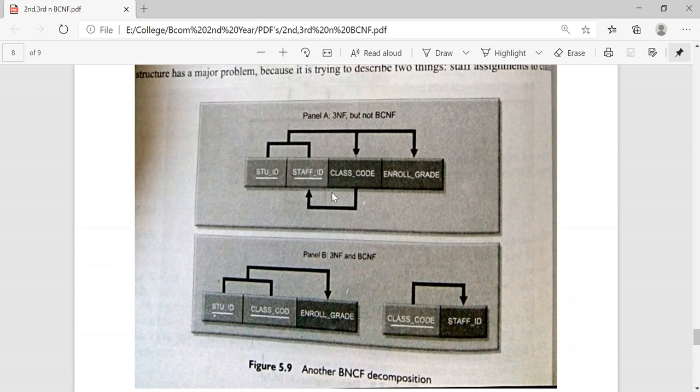So here when the non-key attribute is determining the key attribute, this should actually be the candidate key for this table, but it is not taken as so.